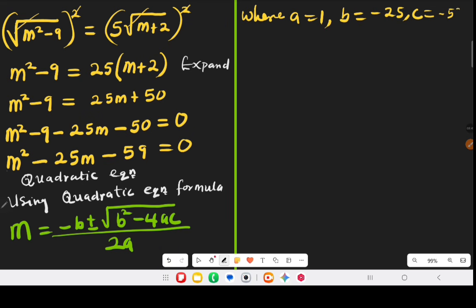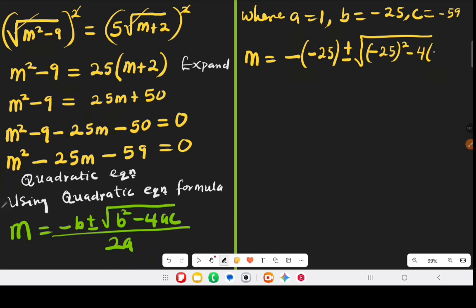If we apply this, we have m equal to minus minus 25 plus or minus the square root of minus 25 all squared minus 4 times a, which is 1, times c, which is minus 59, all over 2a, which is 2 times 1.